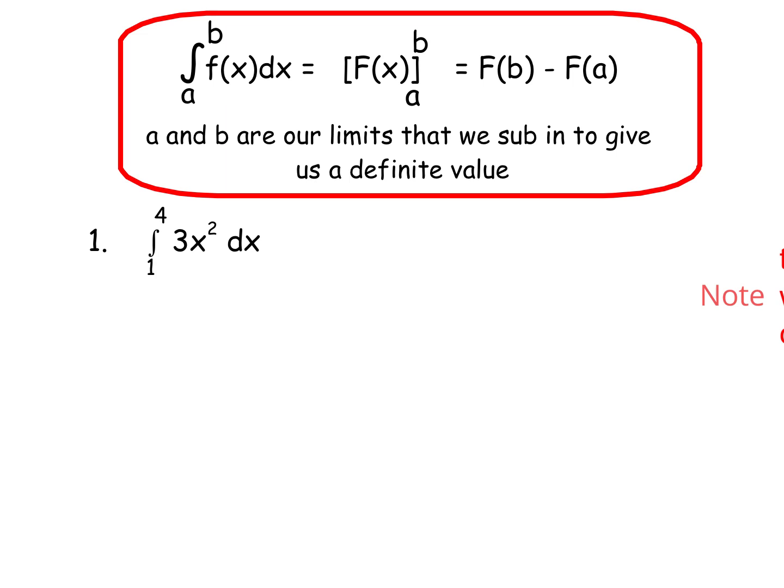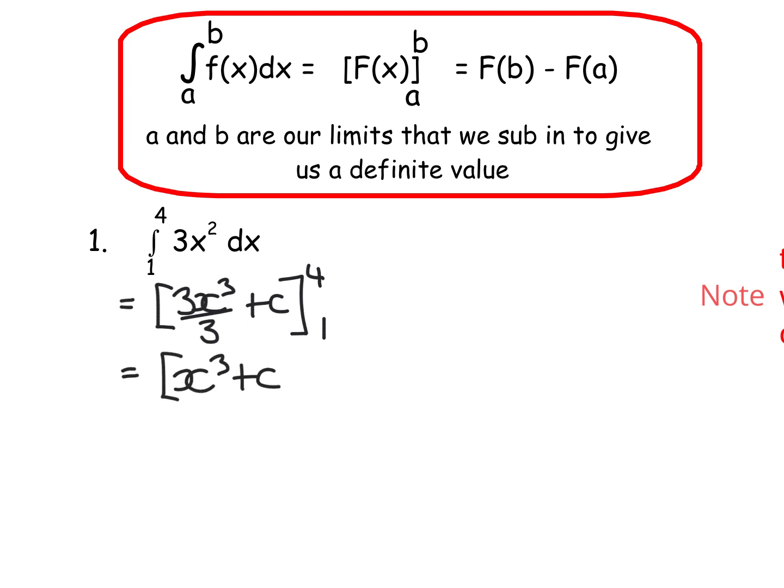Now I'm going to do something in the first example which I maybe won't do in the others, just to explain what's going to happen with our c value here. So what we do is we integrate as normal, but we put a square bracket first. So this becomes 3x cubed all over 3 plus c, and we put a 4 and a 1 at the end. Then I'm going to simplify that, so that's just x cubed plus c from 4 to 1.